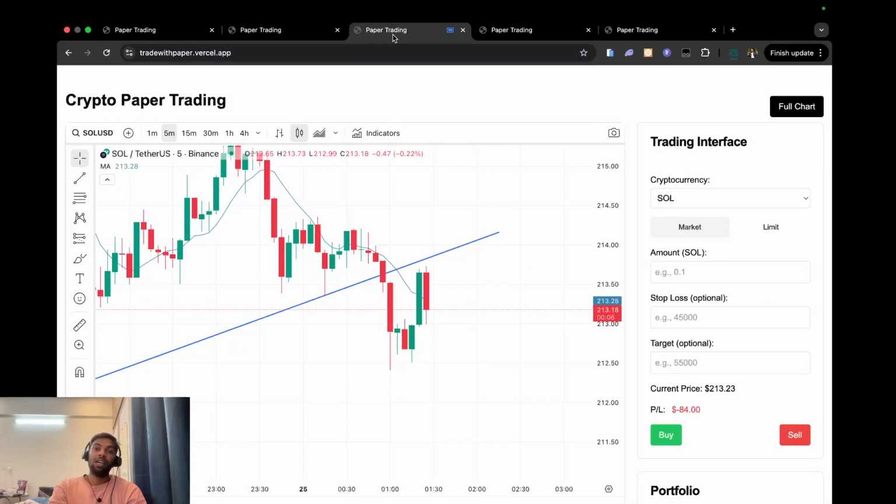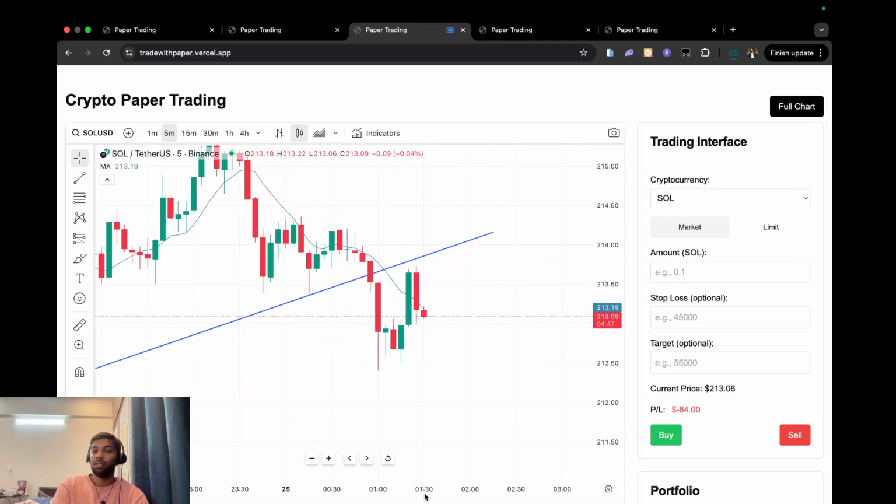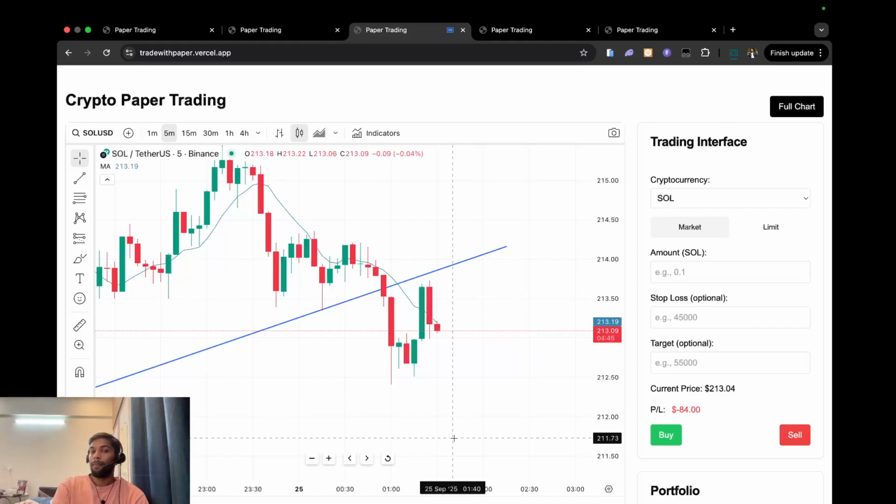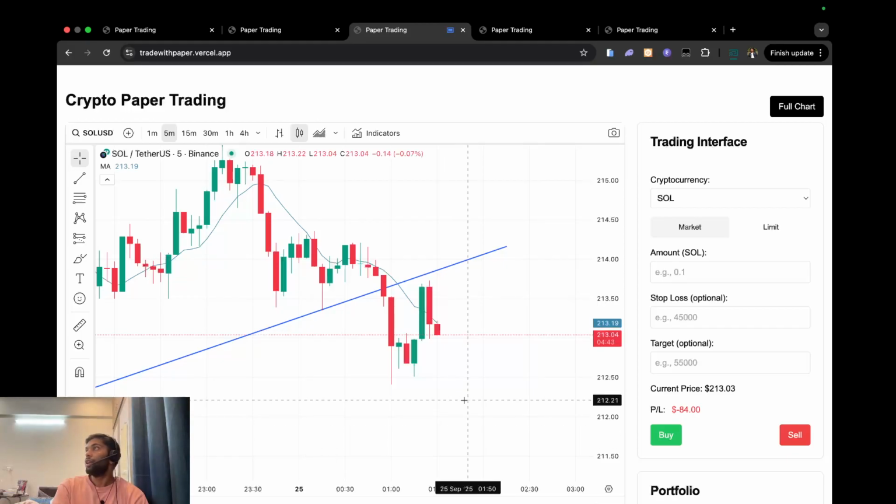And in Solana, I can see, guys, this just reverted. All the buyers are, I think, panicking again. We are not entering by seeing this green and red candle. We just have to wait for the right price action to come because we have to follow some basic rules of trading.